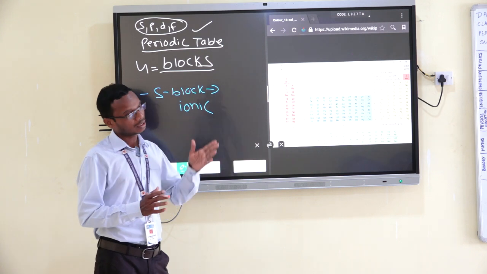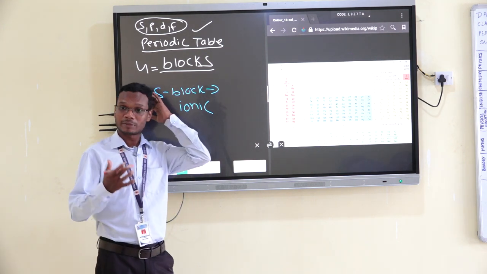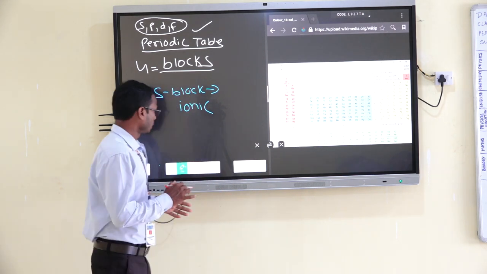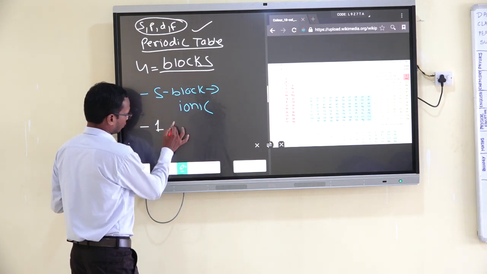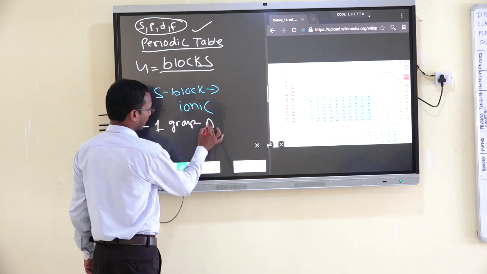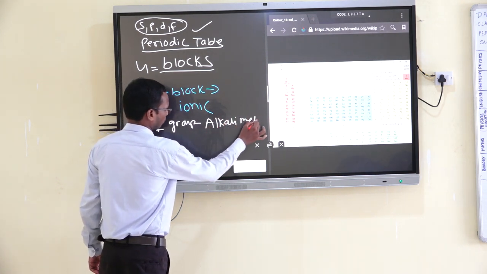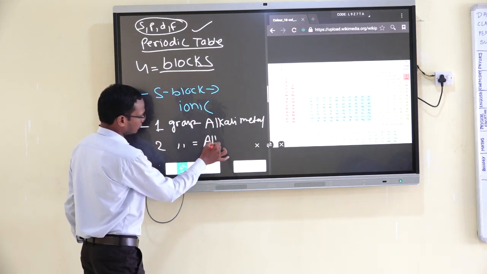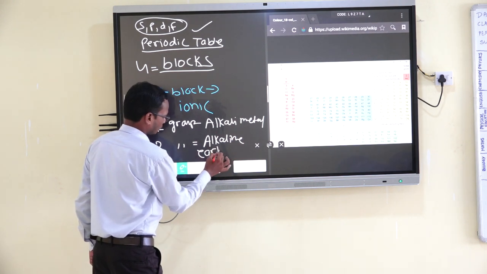They can even form covalent bonds, which we will see in our chemical bonding chapter, but generally they are ionic. Now, the first group is called the alkali metal group, and the second group is called the alkaline earth metal group.